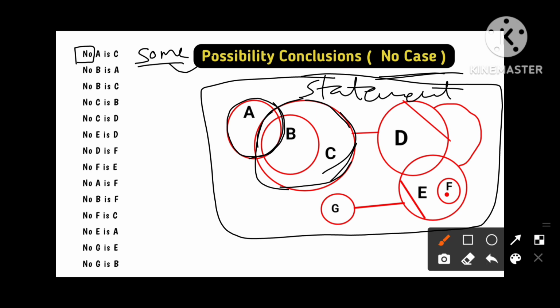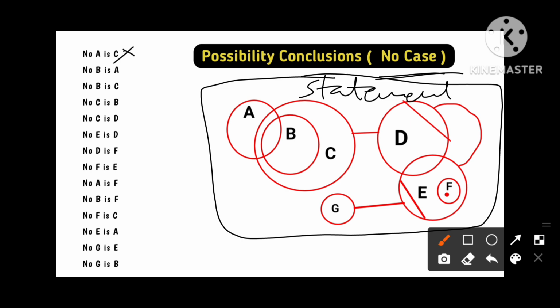Okay, let's understand with the second conclusion. No B is A. Here we see no. So we check whether some B can share with A. Here it is clear that A is sharing with B, B is sharing with A. So some case is possible. Some case possible means no case will fail. Next one.